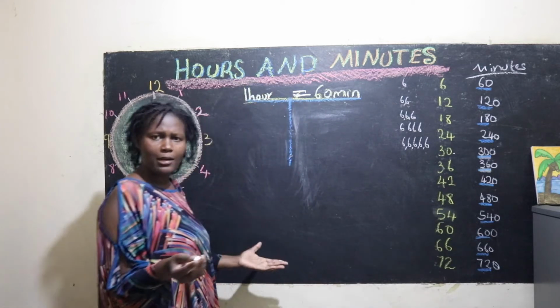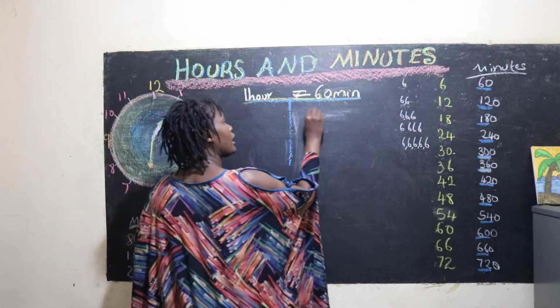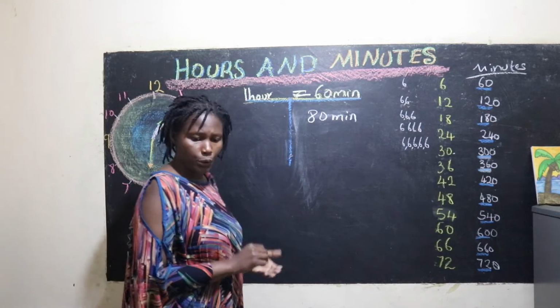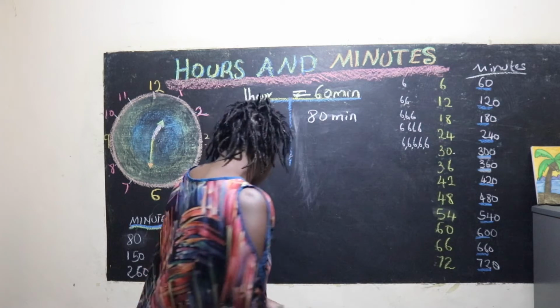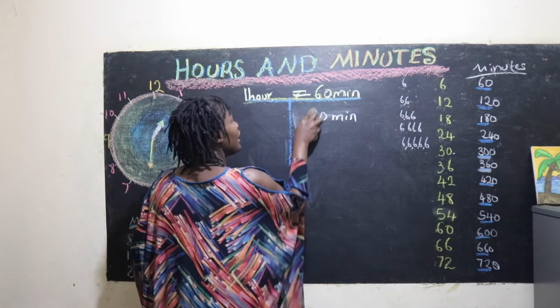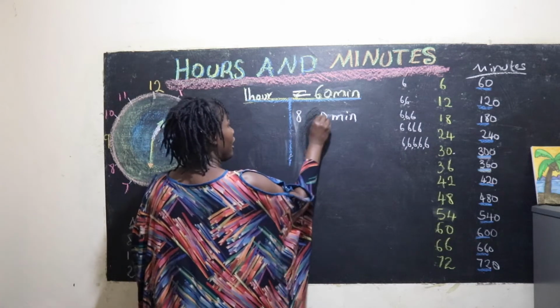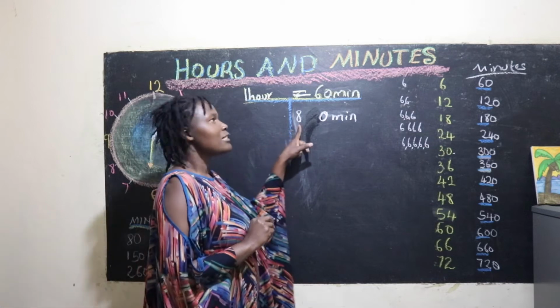Well, for example, if you're given 80 minutes, so let's write it down, 80 minutes. What should you do? First, put the 8 a little bit further, so we have 8 there and 0 there. Now let's see how many 6s are hiding.